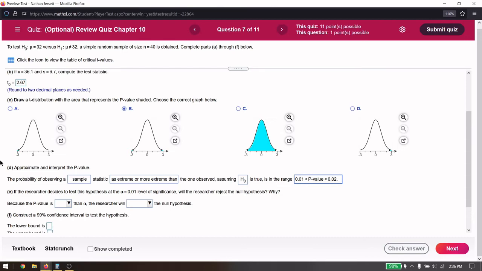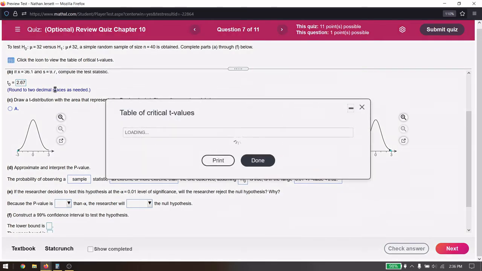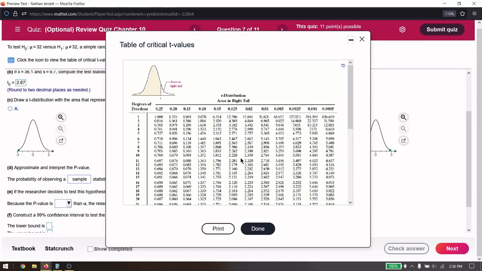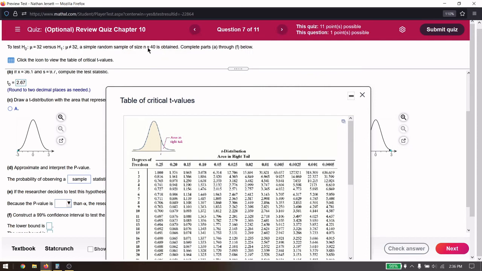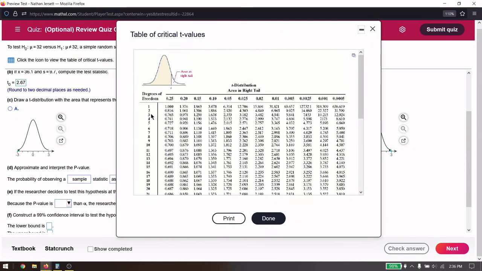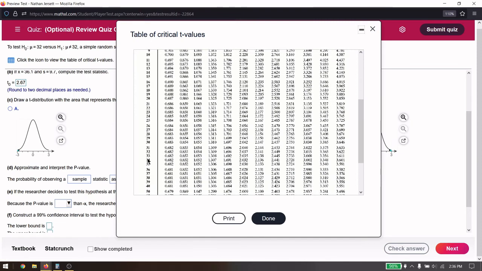Now, what I believe this can be done finding the table, not that you need to do this, but we're looking for a t-value of 2.67, which is these values in here. And we are talking about n equal to 40, which means our degrees of freedom is 39. It's always one less.